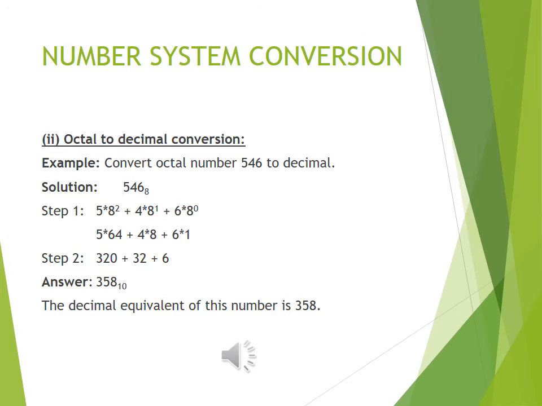We are multiplying by 8 and we are applying the power which is starting from the right side and is raised towards the left, and after the simplification we got the answer 358 with base 10 because 10 is the base of the decimal number system. The decimal equivalent of the number 546 is 358.